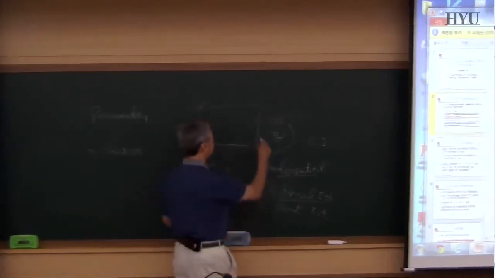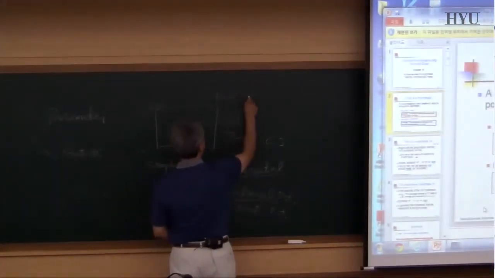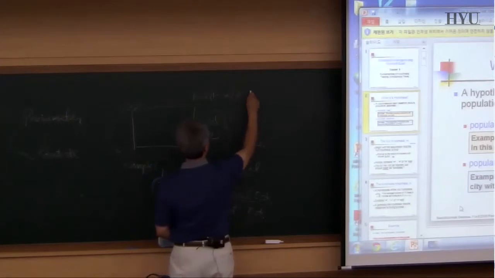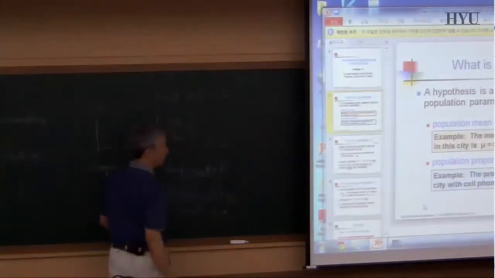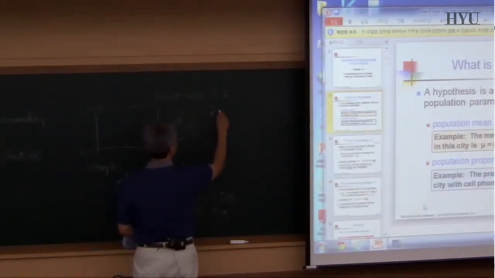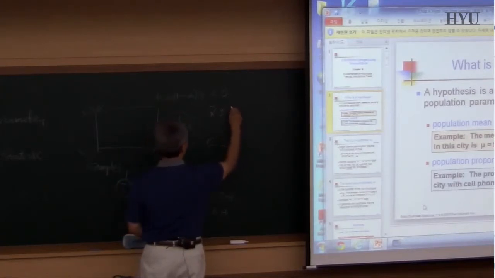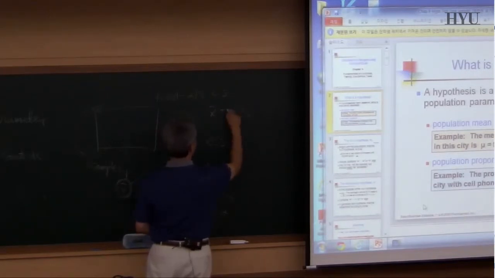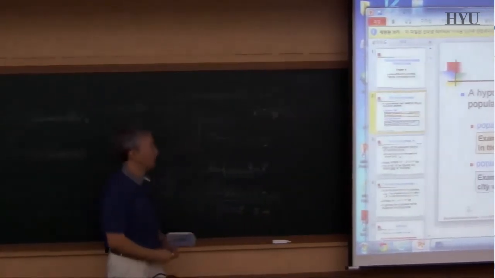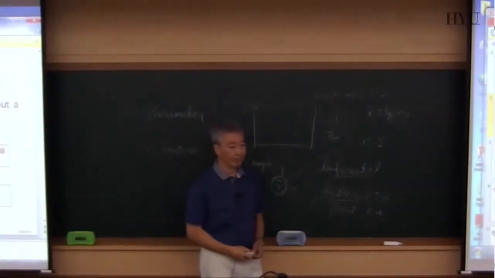The 100 times (1 minus alpha) percent confidence interval is what? X bar plus minus, depending on what distribution you use, S over square root of n, t alpha divided by 2. Something like that, right?